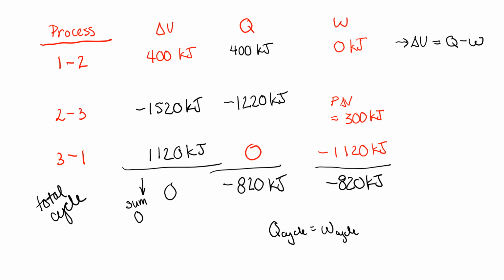Finally, the problem asks us to determine whether it's a power cycle or a refrigeration cycle. Well, we saw for this problem that the Q of the cycle equaled the work of the cycle, which is negative 820 kilojoules.